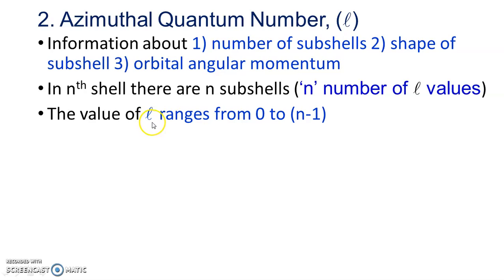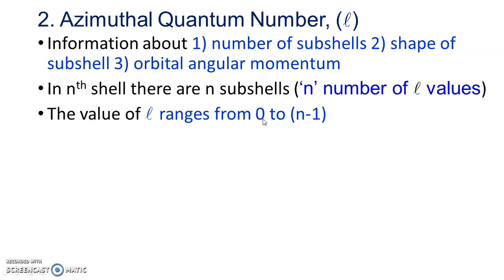For example, if the value of n is equal to 1, that is the K shell, then n minus 1 is 1 minus 1, that is 0. So the only l value possible in the first shell is 0.